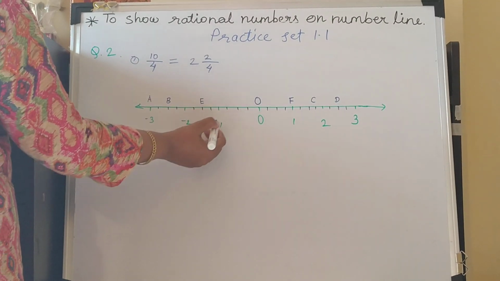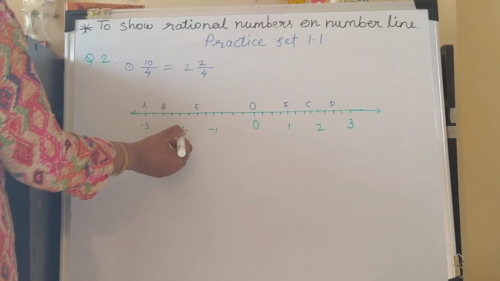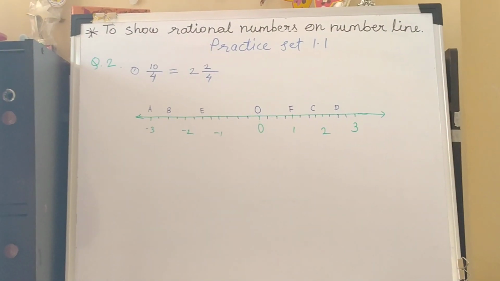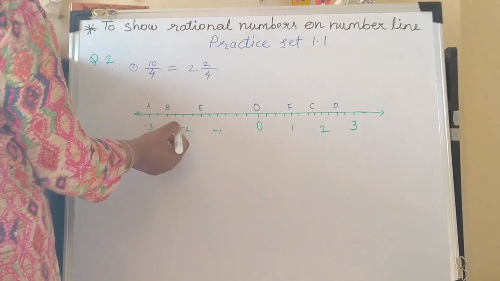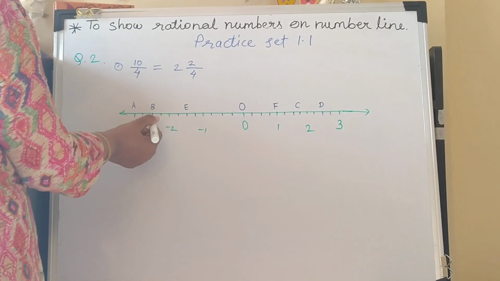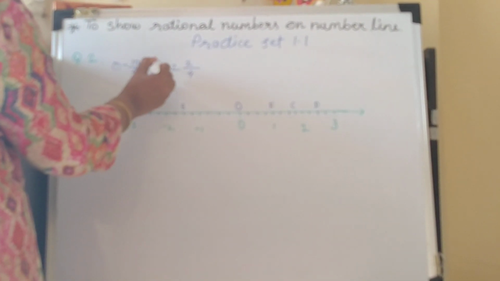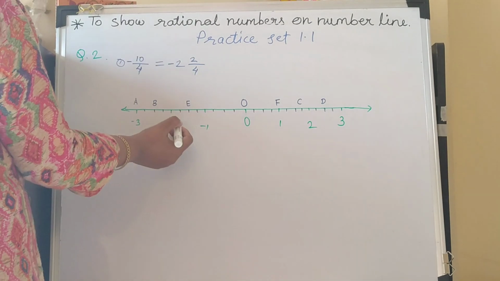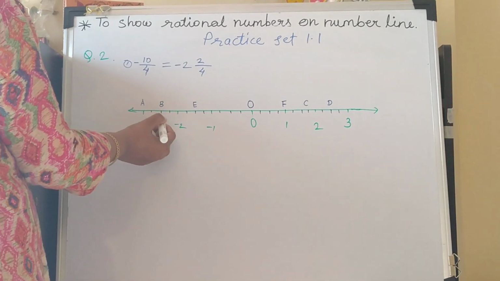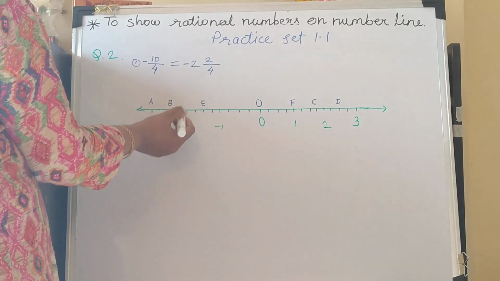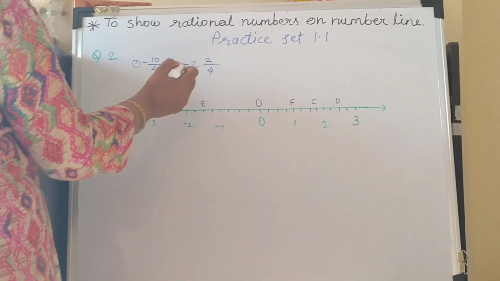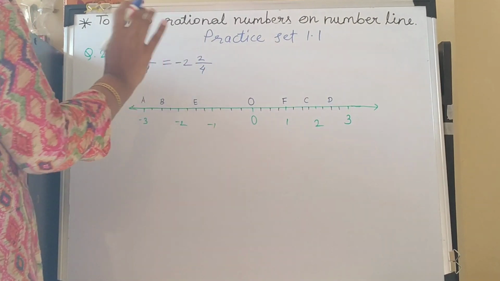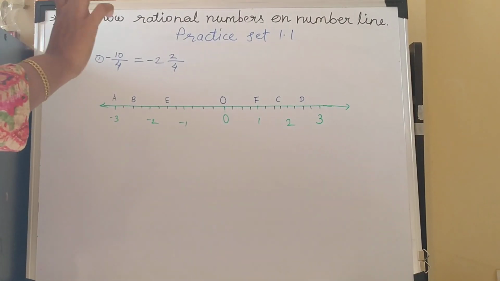After 2, how many divisions? 1 and 2. This number is negative, in the left side. So after the second division, 2 divisions are there. So minus 2 by 4. Like this the first answer is there.